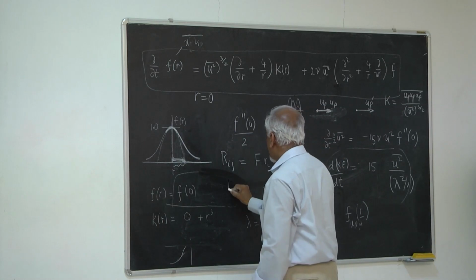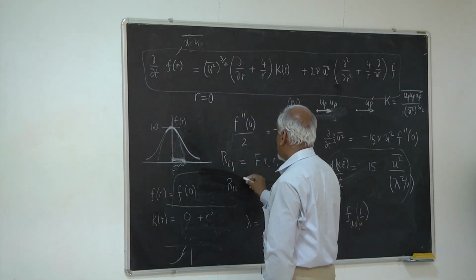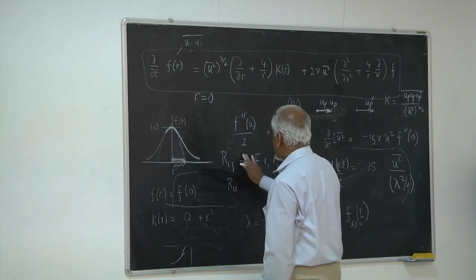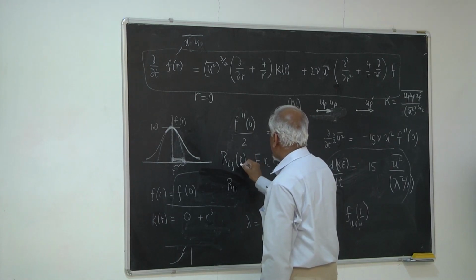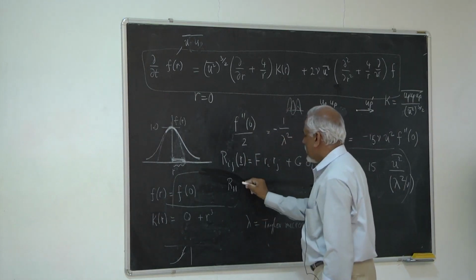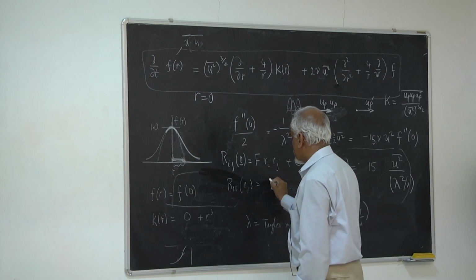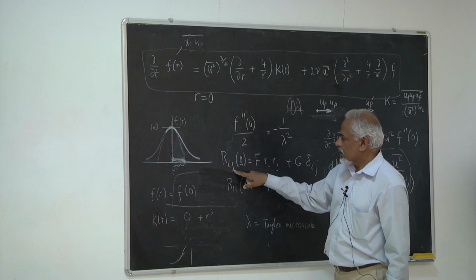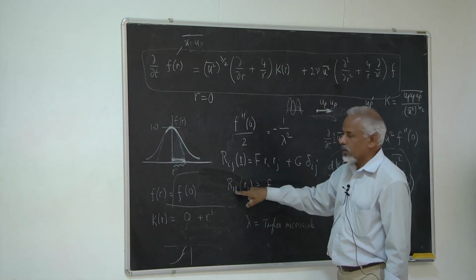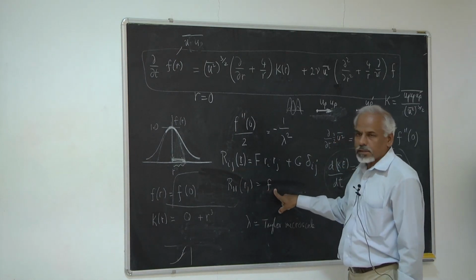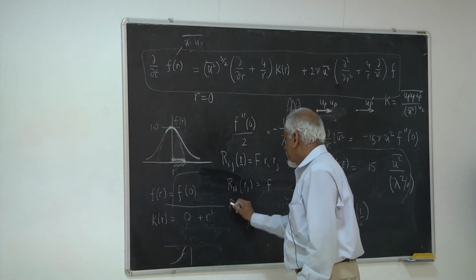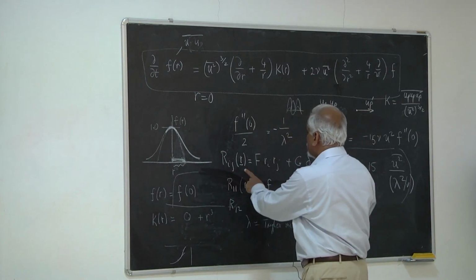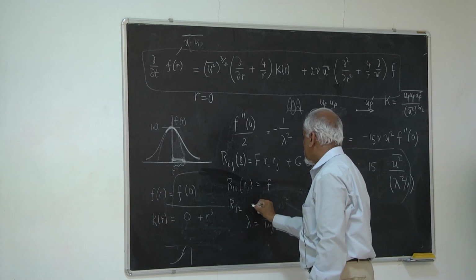So my R11, this is R. Okay, so R11 of R1 is really f. That is velocity components in the direction 1 and the separation direction also in 1. That is f.